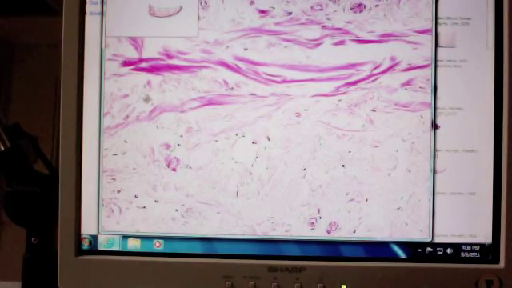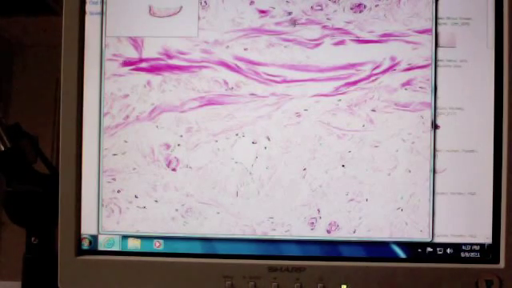Yes, we do call it areolar tissue, but it's one of those terms that you very seldom see used. Areolar comes from the areola around a nipple. The tissue directly around that areola is loose connective tissue. So I think that's where the term areolar tissue came from, or space.